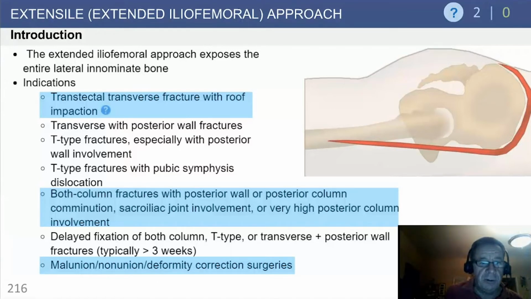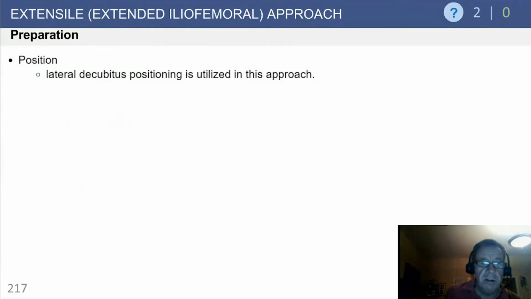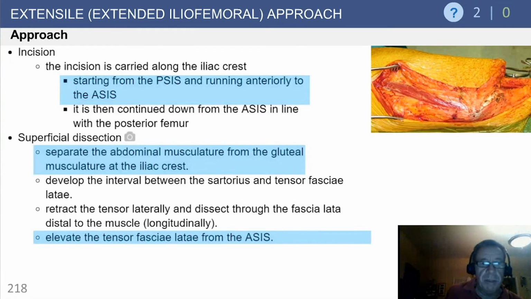It is sort of a fillet acetabulum open, gives excellent exposure to both columns, and obviously is indicated for these very severe types of injuries to the pelvis and acetabulum.